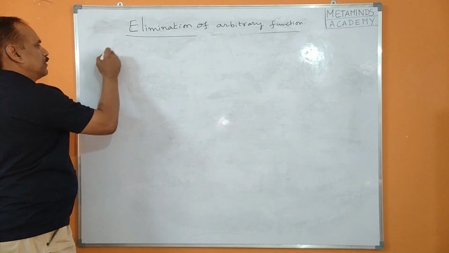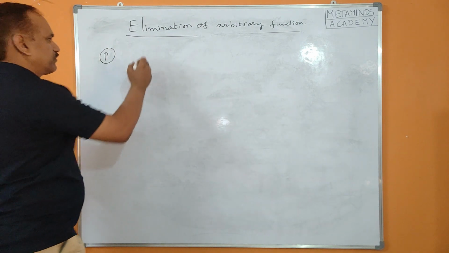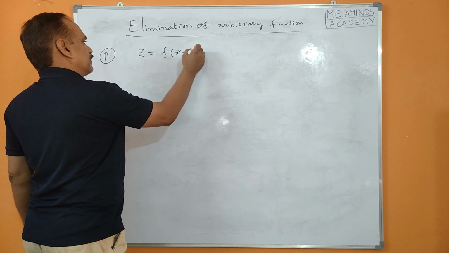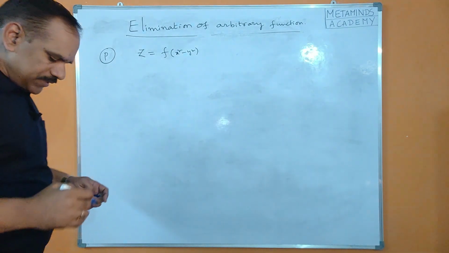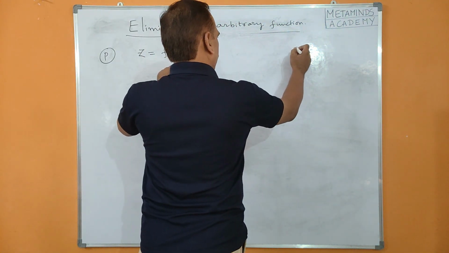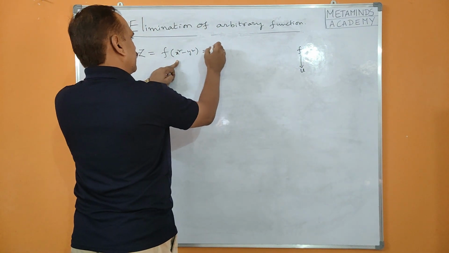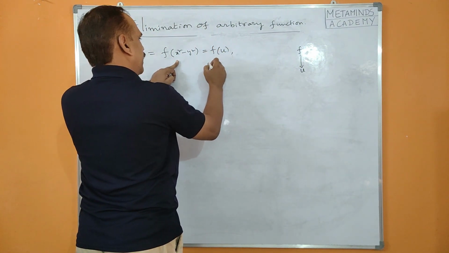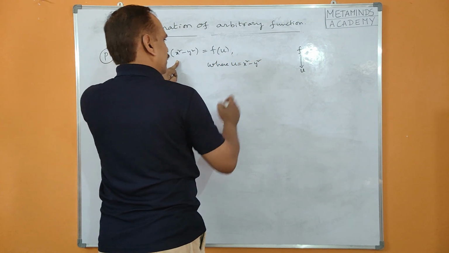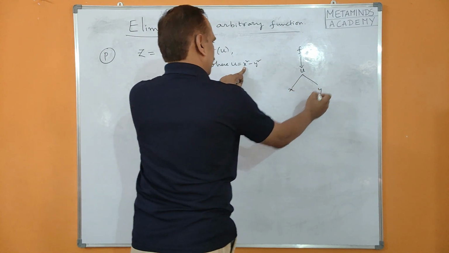Let us take a problem: z equal to f of x square minus y square. This is in the form of z equal to f of u, where u equal to x square minus y square, so u is a function of two variables x and y.